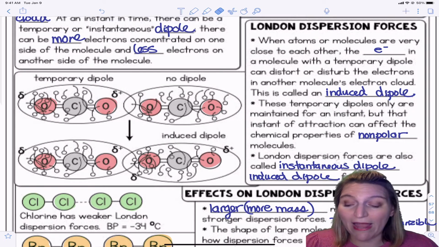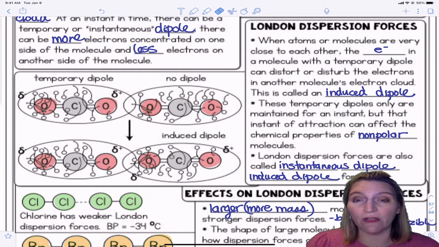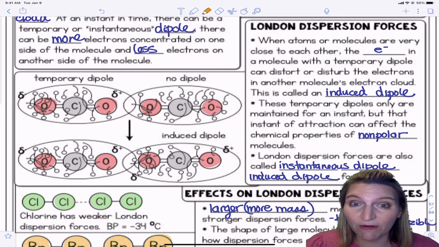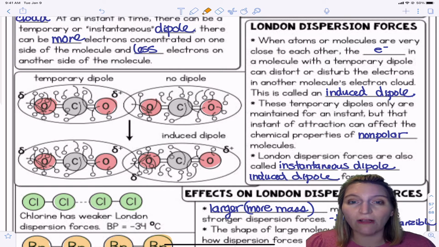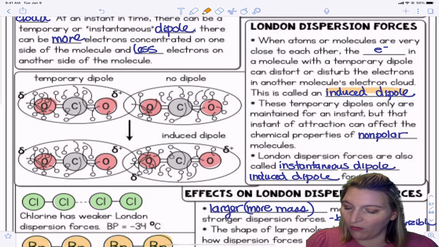Then when atoms or molecules are very close to each other, the electrons in a molecule with a temporary dipole, like what we saw in the picture right above, can distort or disturb the electrons in another molecule's electron cloud. This is called an induced dipole.